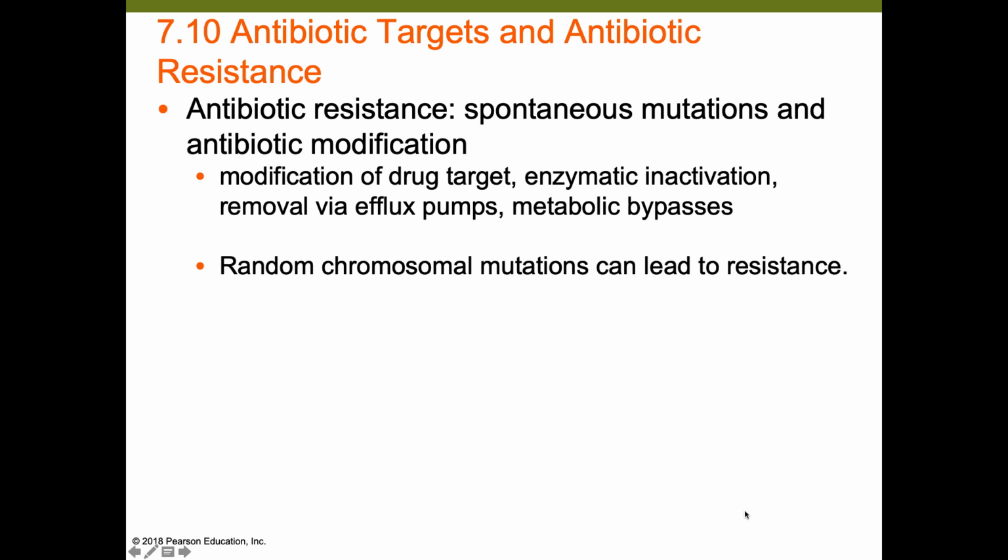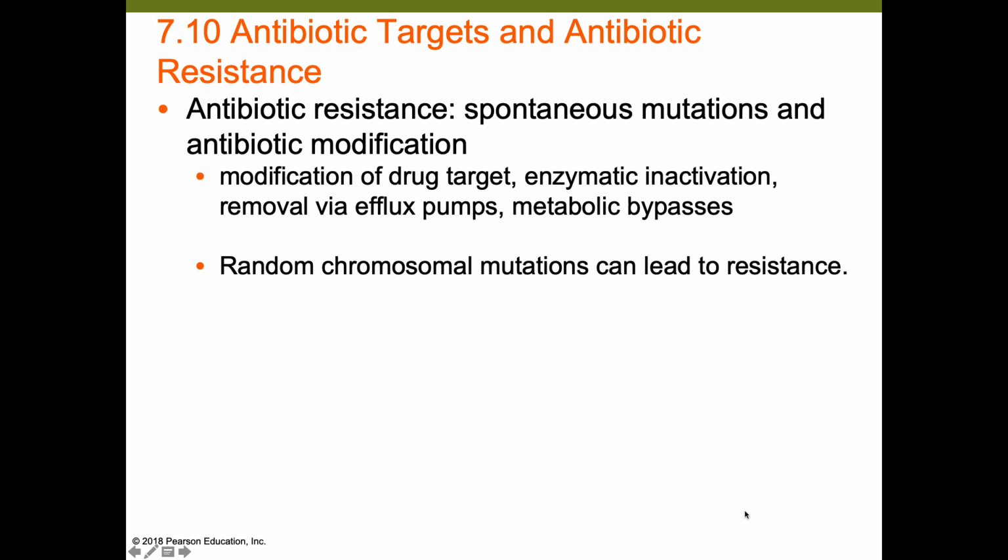Remember, we talked about the idea that a single nucleotide change can lead to a single amino acid change, which can change the shape or charge of parts of a protein. So let's say that mutation changed the charge of the place where cipro binds. Now cipro can't bind, but DNA gyrase still works. So a random chromosomal mutation has now conferred resistance to DNA gyrase inhibitors, specifically ciprofloxacin.